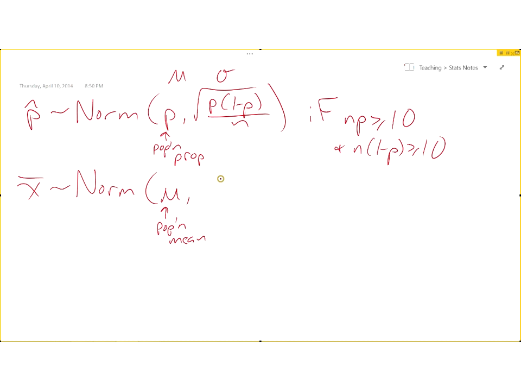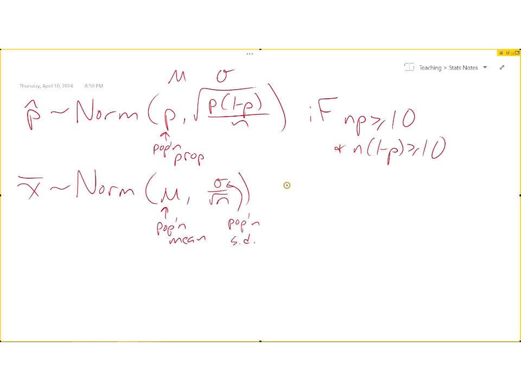And then the standard error now is sigma over square root of n, where sigma is the population standard deviation, and n is our sample size.